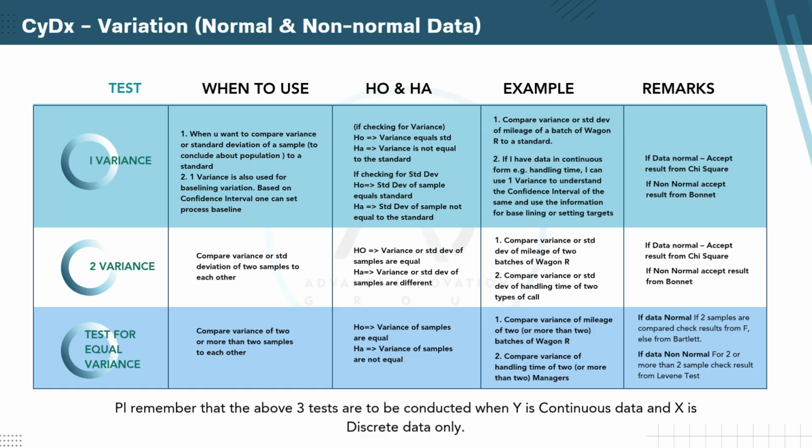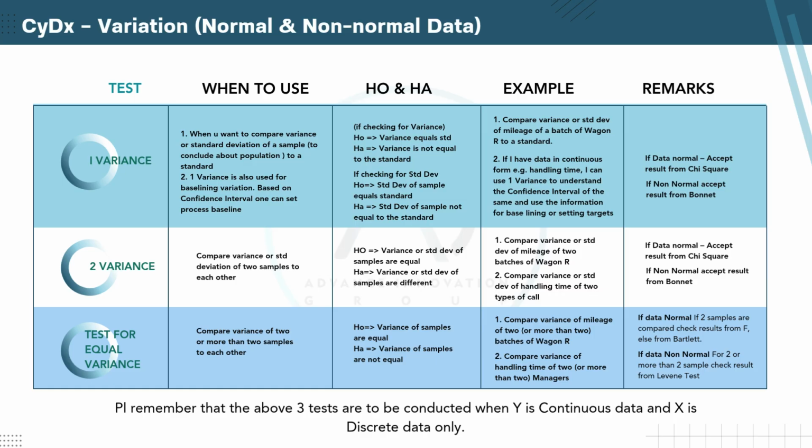If checking standard deviation, H0: standard deviation equals the standard. Ha: standard deviation is not equal. Example: comparing mileage variation of a batch of Wagon R to a defined baseline, or using historical standard deviation to understand consistency over time. Remarks: if data is normal, use the chi-square test. If data is non-normal, use Bonett's test.